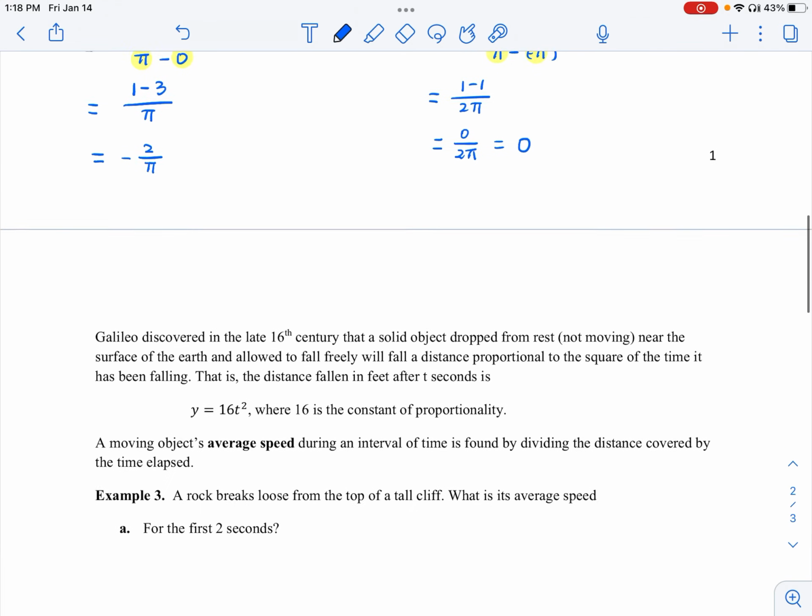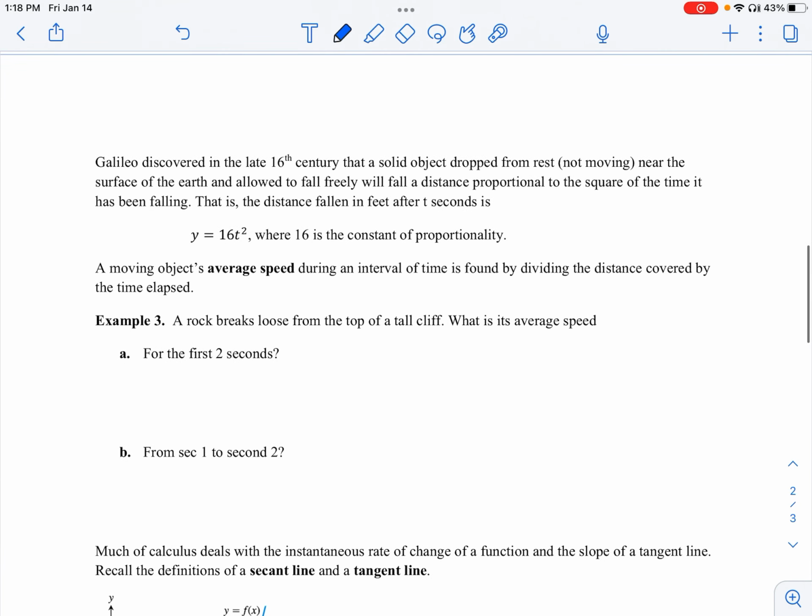Next, we're going to see how we define average speed. When you drop an object near the surface of the earth and allow it to fall freely, we can use y equals 16 t squared to calculate the distance that the object will move. Then we can calculate the average speed. This average speed during an interval of time is found by dividing the distance covered by the time elapsed.